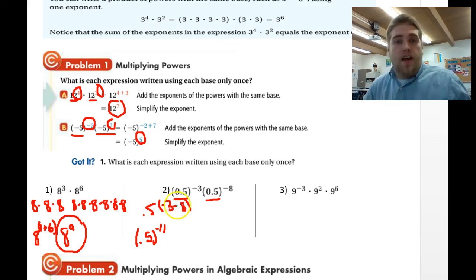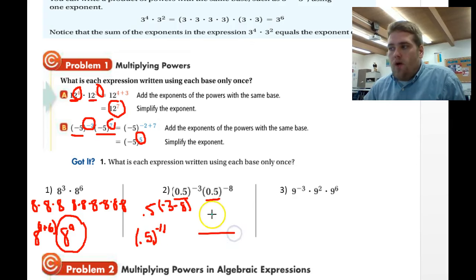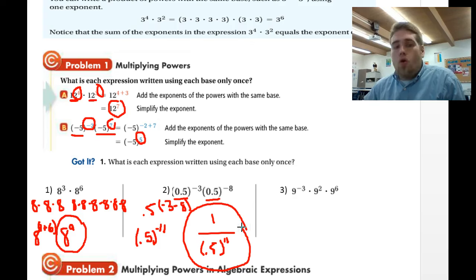Well, can I have negative exponents? No, we learned in 7.1 that if it's negative on top, I have to move it to the bottom. So I get 1 over 0.5 to the 11th, okay? And that's my final answer. So that's all we're doing. We're essentially, if you have the same base, we are just adding our exponents, okay?